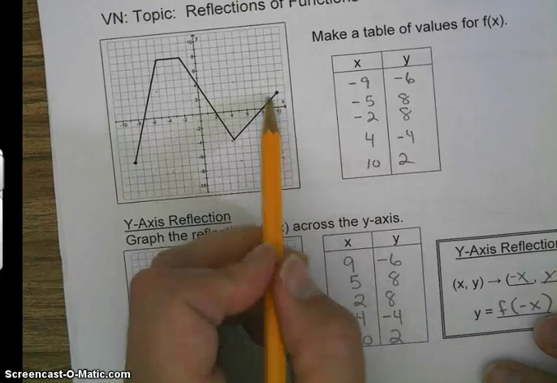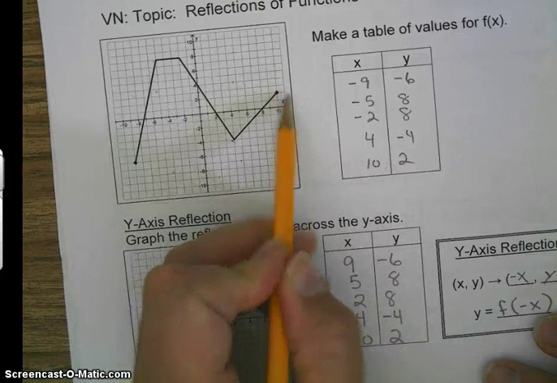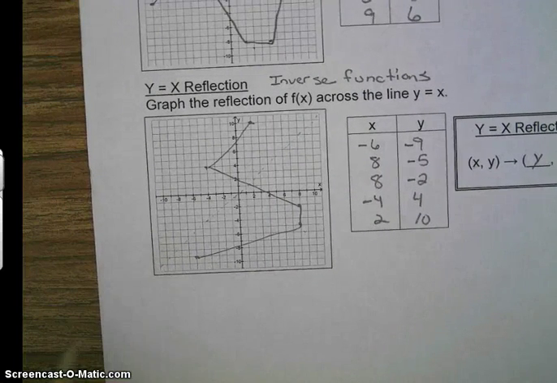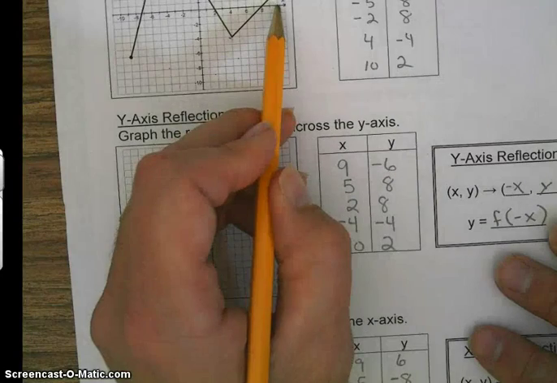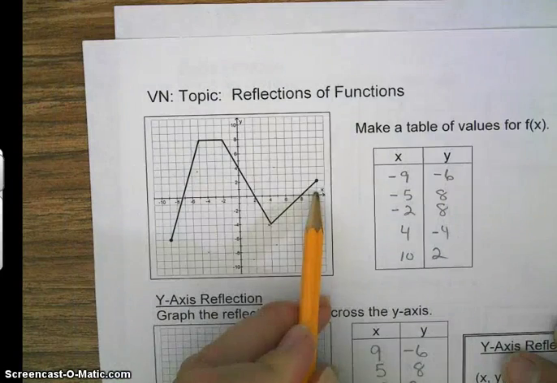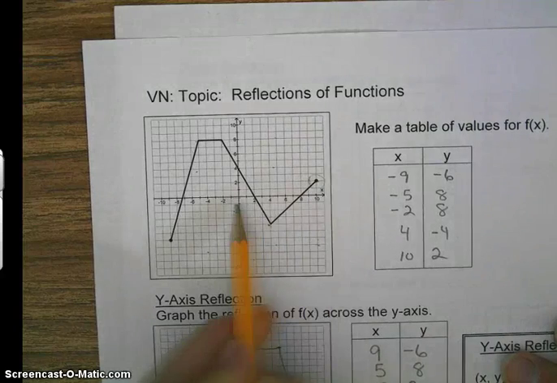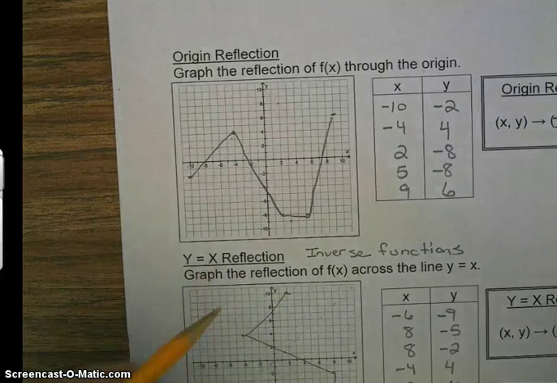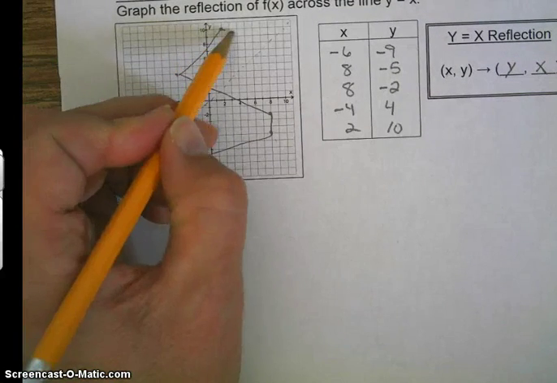Okay, notice this was in our first quadrant, and then it went over here into our third quadrant. Actually, my fault. It went from our first quadrant, because it's 10, 2, so it went from 10, 2 to 2, 10. So that ended us up right up here, 2, 10.